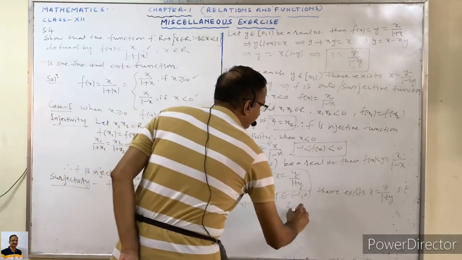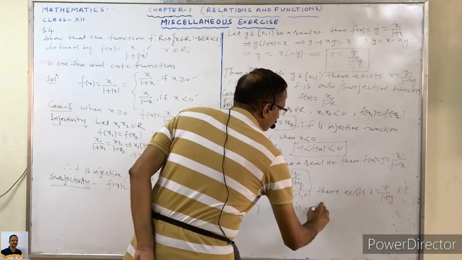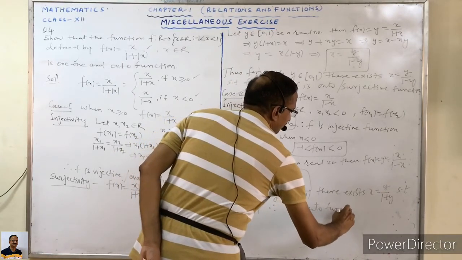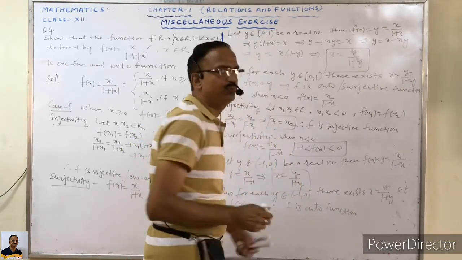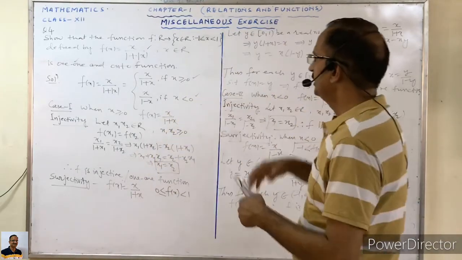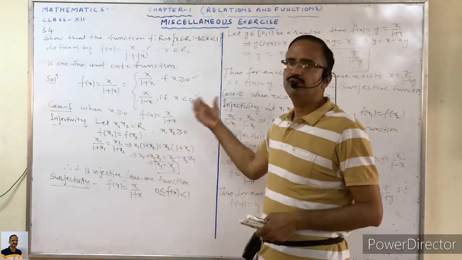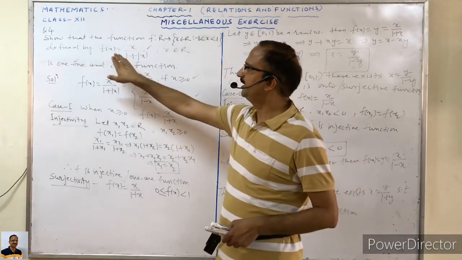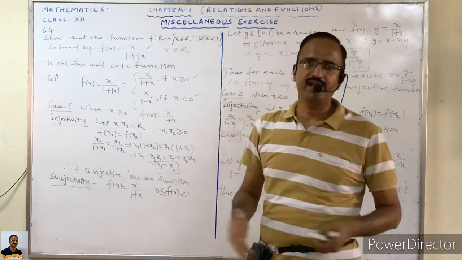Therefore, f is an onto function. In this way, we have proved that in both the cases the function is one-one and onto. So we can say that the given function is one-one and onto.